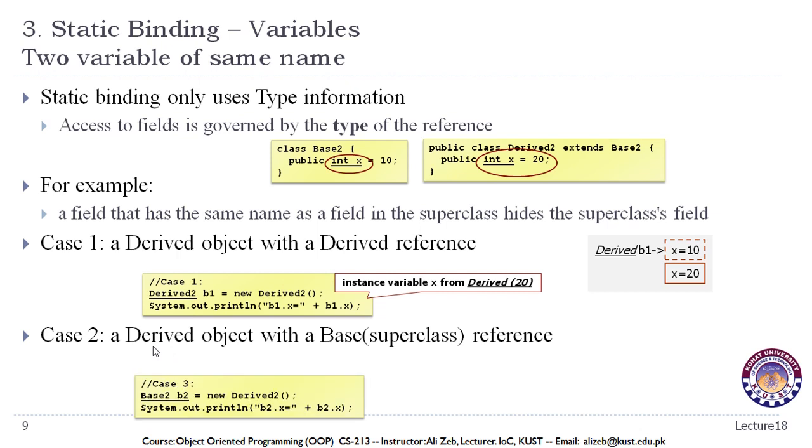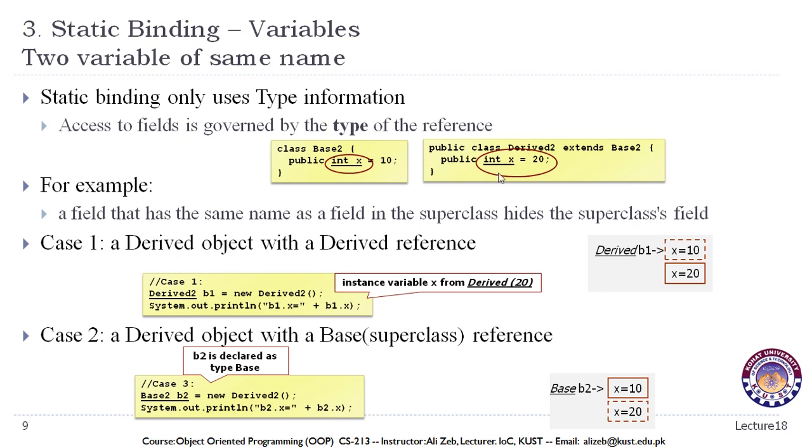In the other case, where a derived object is initialized using the superclass reference, b2 is declared as type Base, as we can see, so it will print the value of the variable in the superclass, and the variable x = 20 will be hidden.